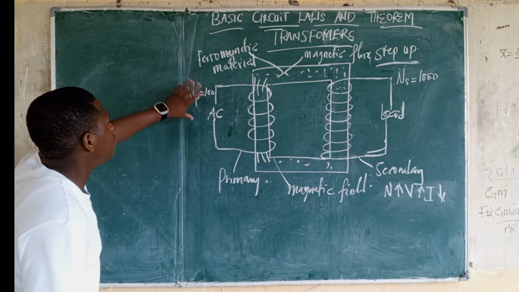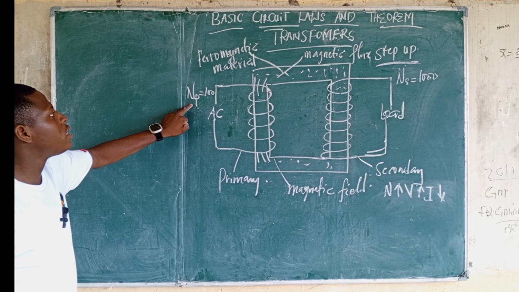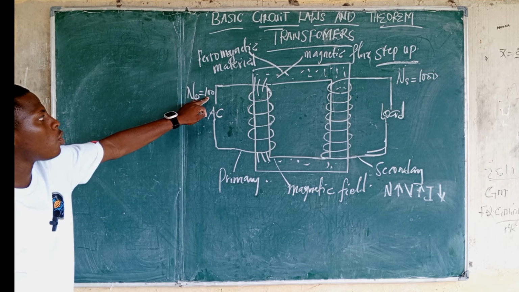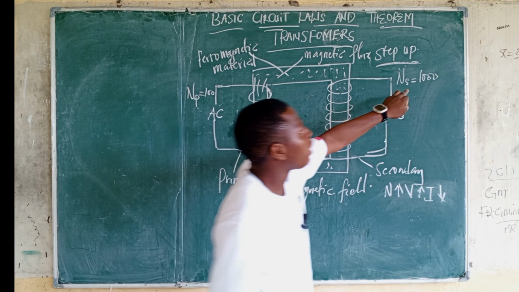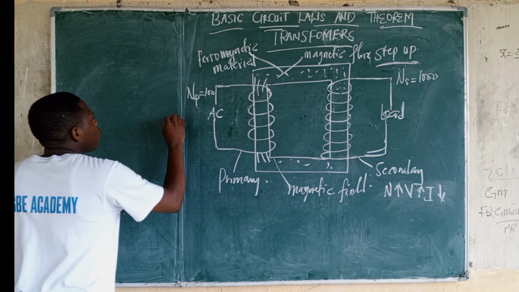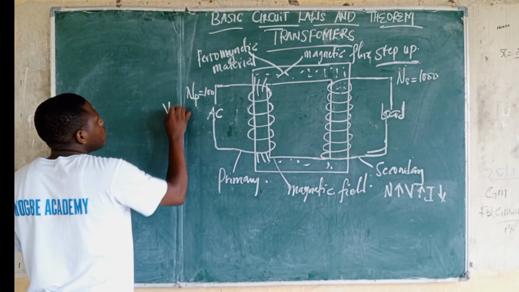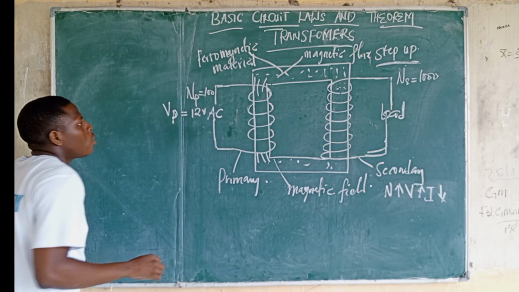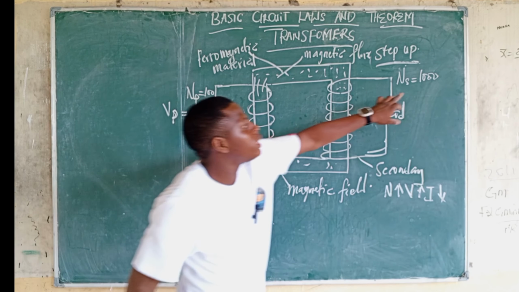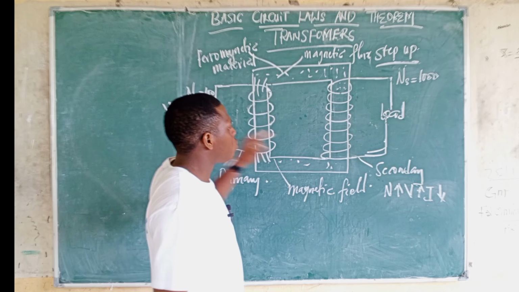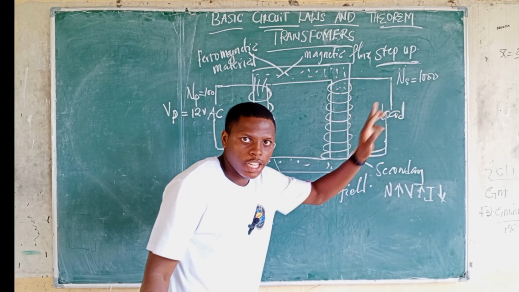Now let's take this example. The number of turns for your primary is 100, and for your secondary is 1000. What if they give us the voltage of the primary to be 12 volts? What will be the voltage here? We already know that as we move from primary to secondary, voltage increases.